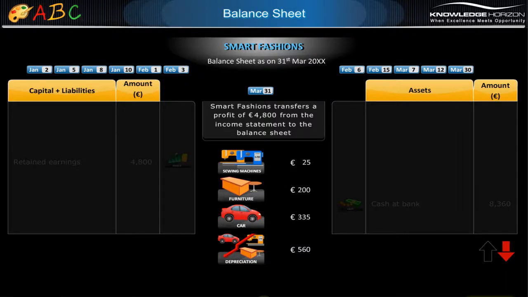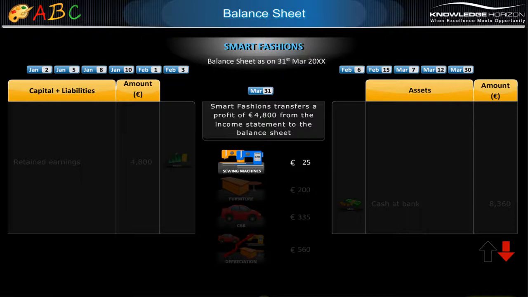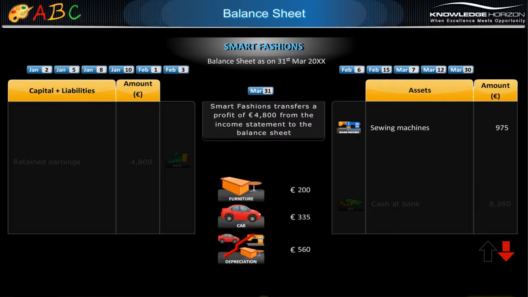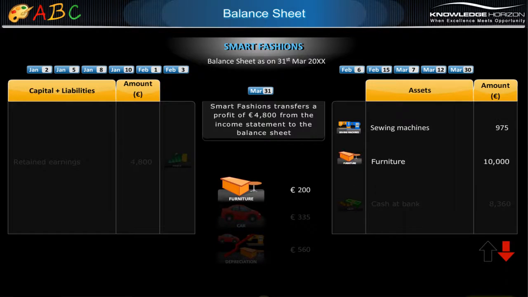Thus, we deduct €25 from the historic cost of the machines, which was €1,000. This gives the book value of the machines on 31st March at €975. Further, we deduct the depreciation of €200 from the historic cost of furniture, which was €10,000.